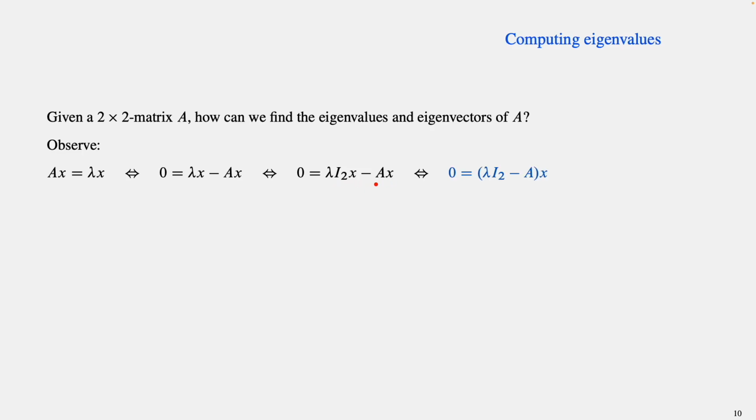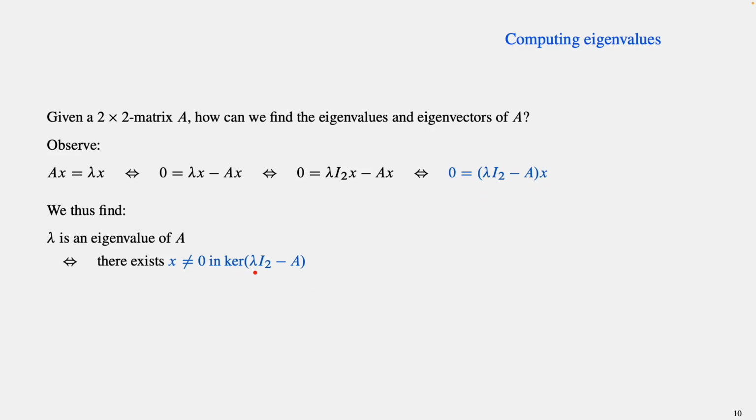And this we can again write as 0 equal to the matrix lambda identity minus A multiplied by the vector x. So we have this matrix here, lambda identity minus A. And if this matrix gets multiplied by x, then we get the 0 vector. And this means that lambda being an eigenvalue of A is equivalent to the existence of some non-zero vector in the kernel of this matrix here.